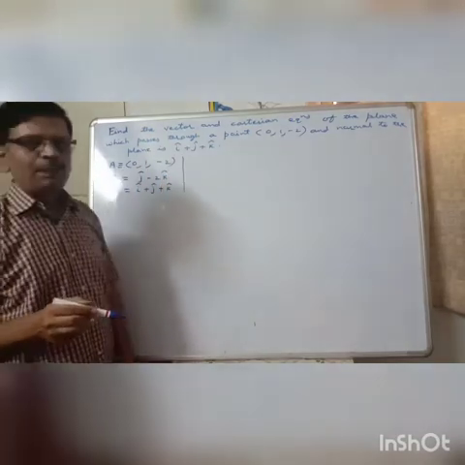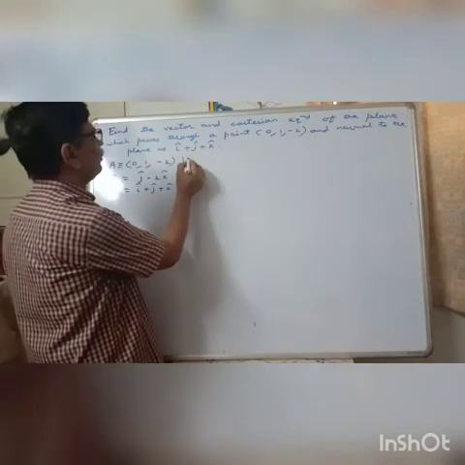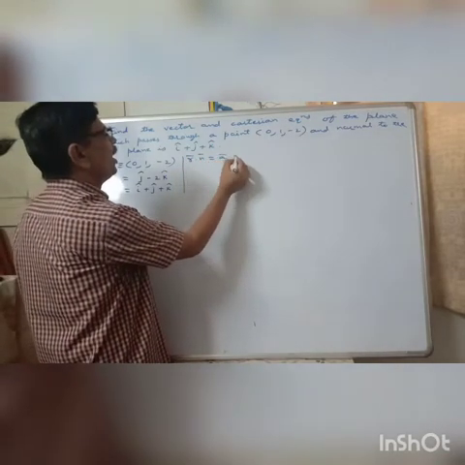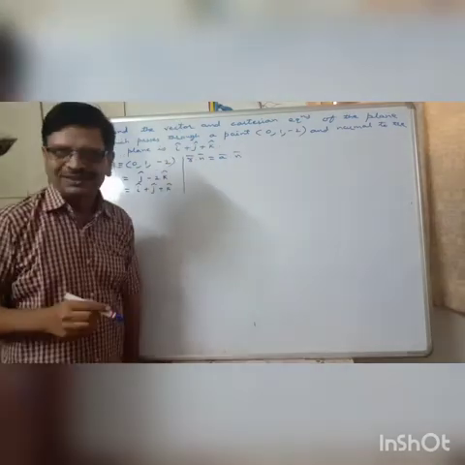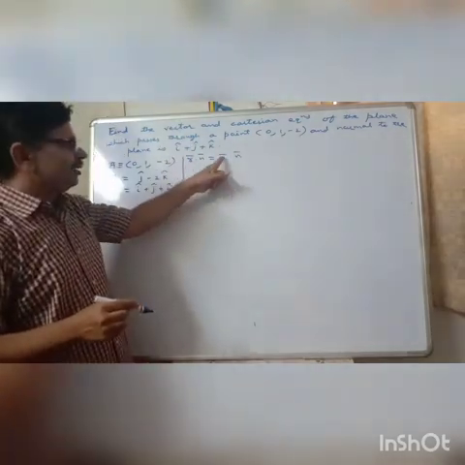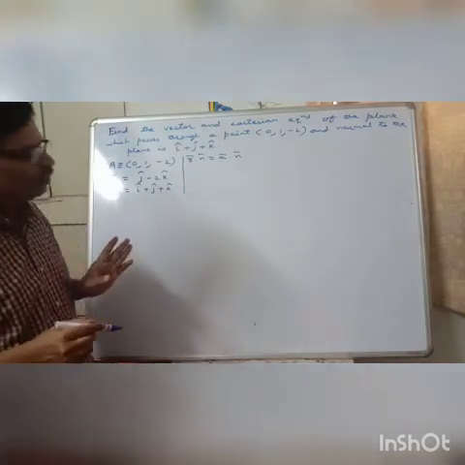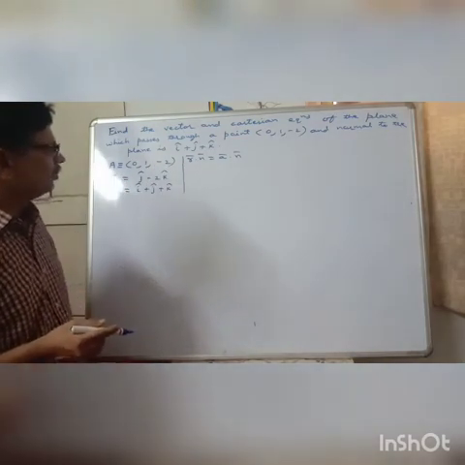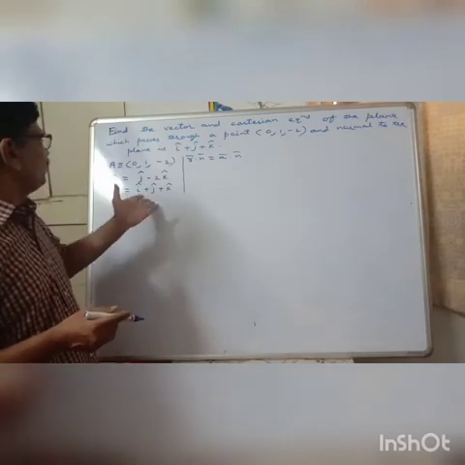Now equation of plane in vector form. When position vector of one point in the plane is known to us and vector normal to plane is known to us, we can write equation of plane in this form. Now put values of a bar and n bar.